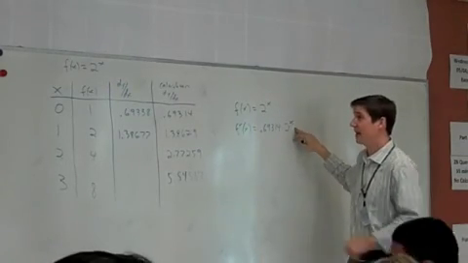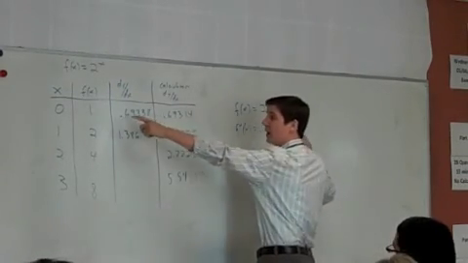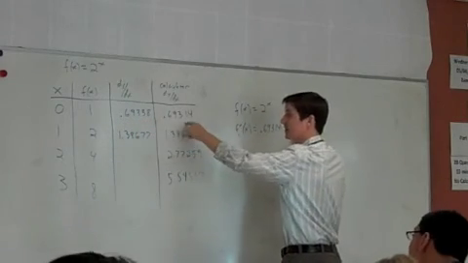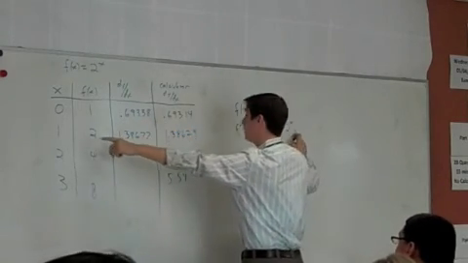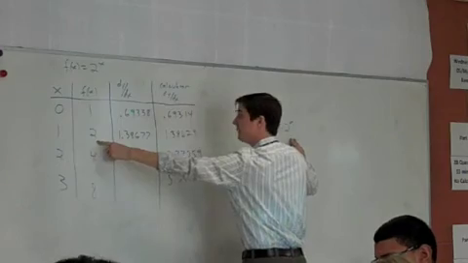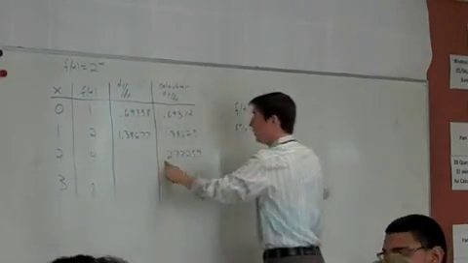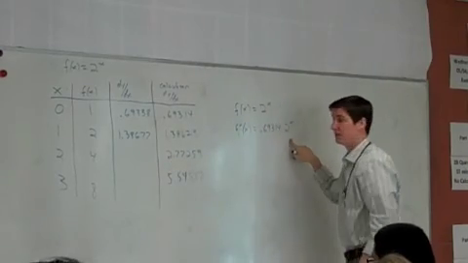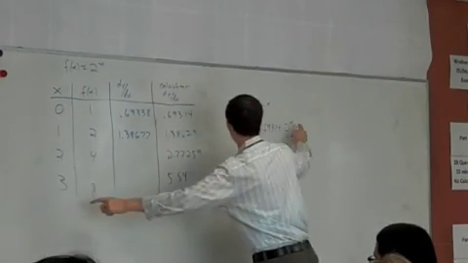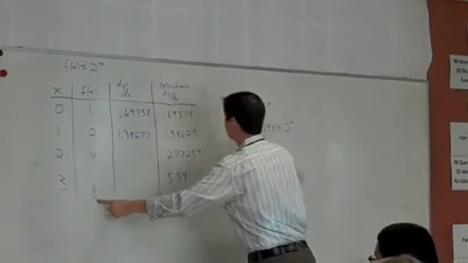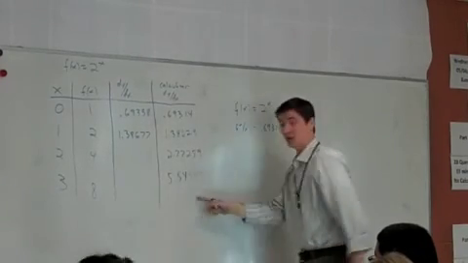You plug in an x value of 0, you get 1, and that's times 1. You plug in an x value of 1, you multiply this thing by 2. You plug in an x value of 2, you quadruple this number to get this. You plug in a 3 for x, you multiply this number by 8, and you'll get that.